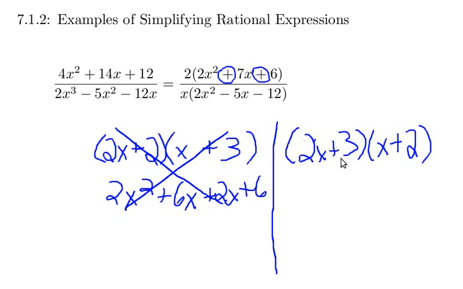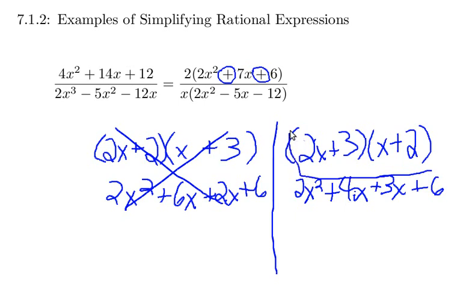So let's try this one. I know this one's going to be the one that works. We have 2x squared, because 2x times x plus 2x times 2 is going to give us 4x plus 3x plus 6. So this is the right one: 2x plus 3 times x plus 2.